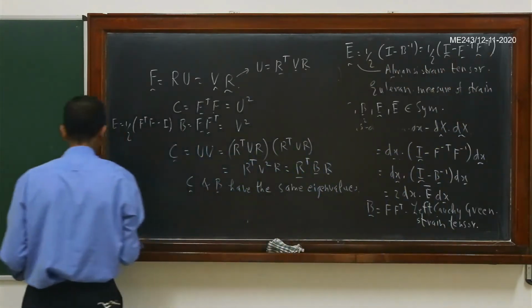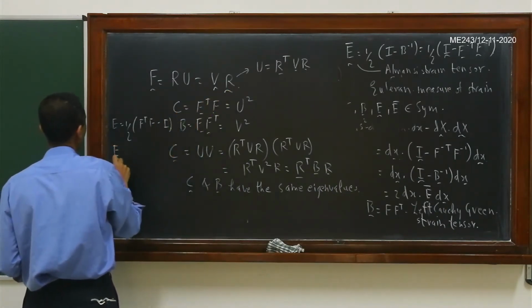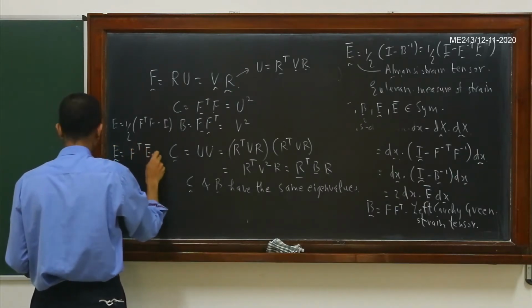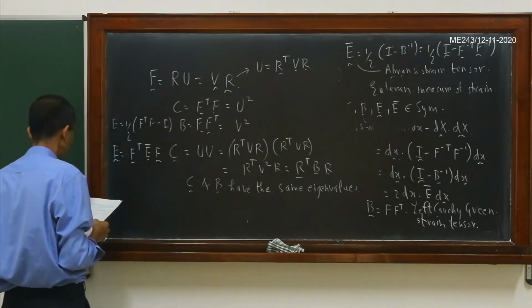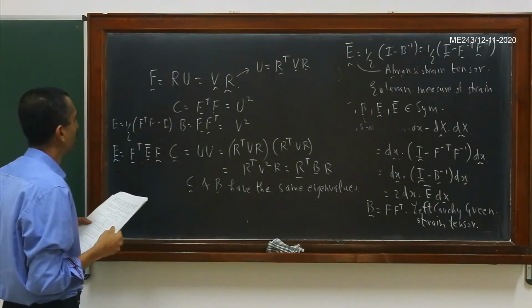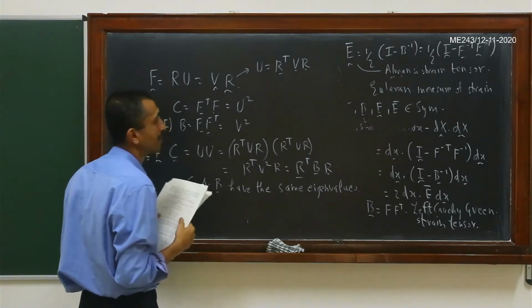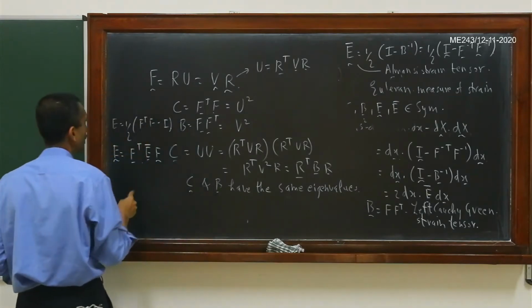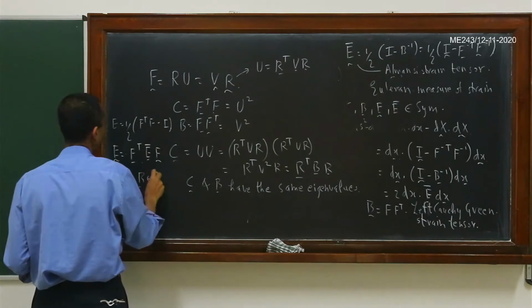So you can find a relation between E and E bar: E is equal to F transpose times E bar times F. And because F is an invertible tensor, C and B also belong to Psym.